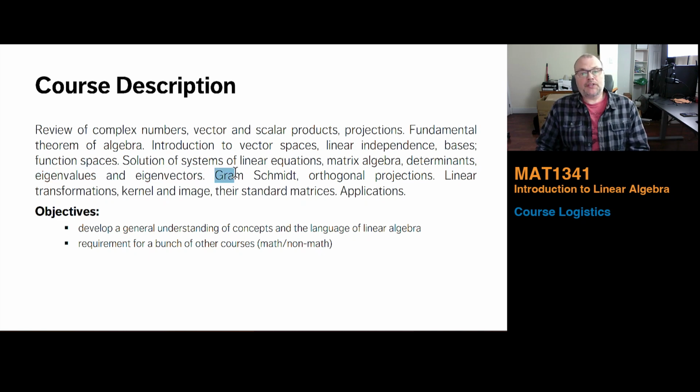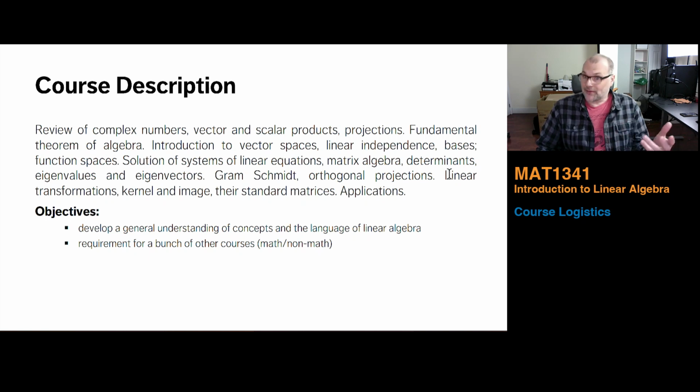We'll briefly discuss orthogonality and the Gram-Schmidt algorithm, and eventually that will lead us to talk about linear transformations as general things. An example of a linear transformation is multiplication by a matrix, in ways that I'm going to describe shortly.